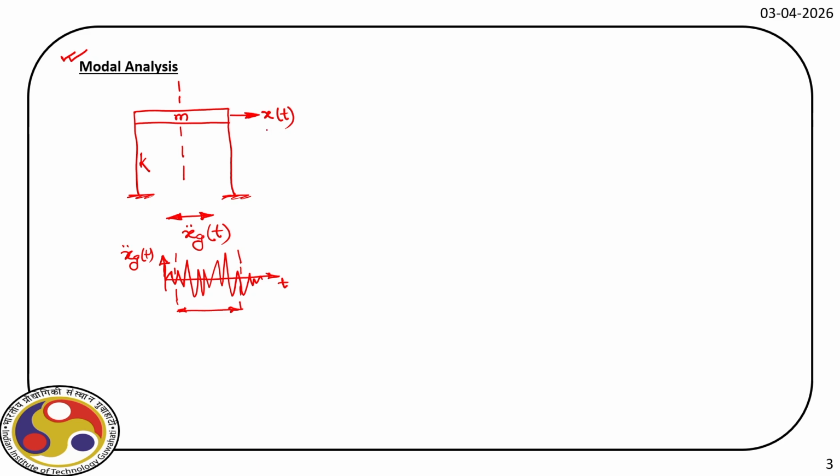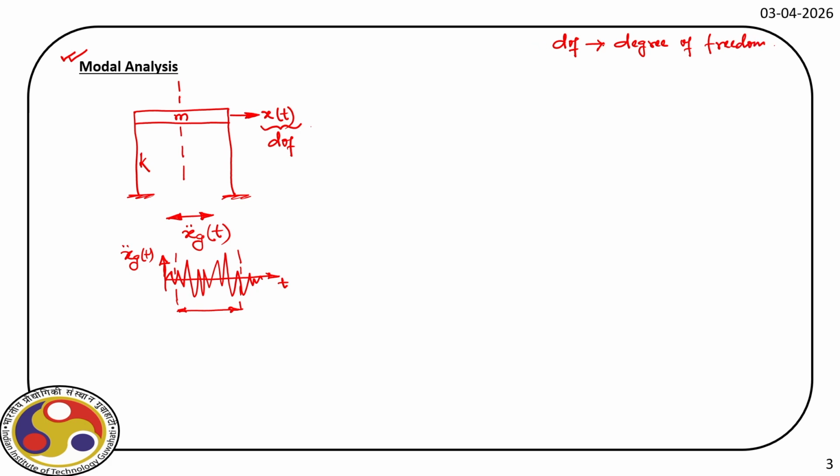Now, this structure has one mass, and therefore for this structure we can define the deformation of this frame using this x of t, and this is what is called the degree of freedom, DOF.